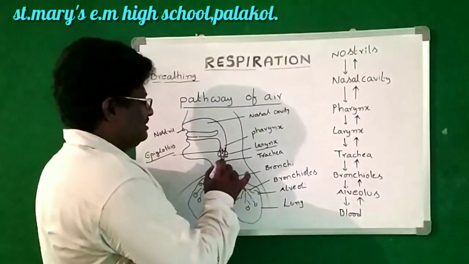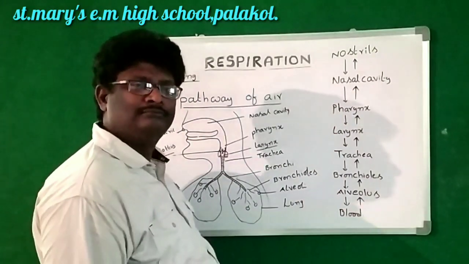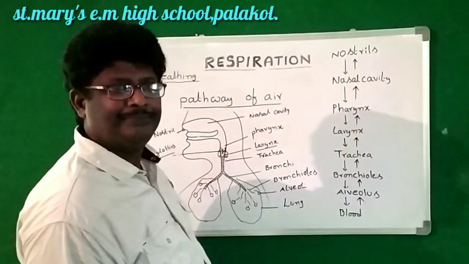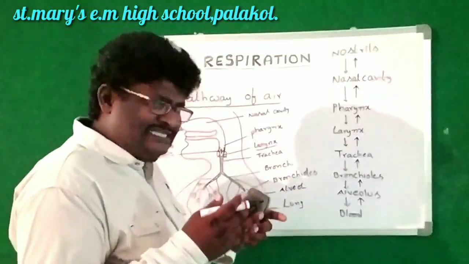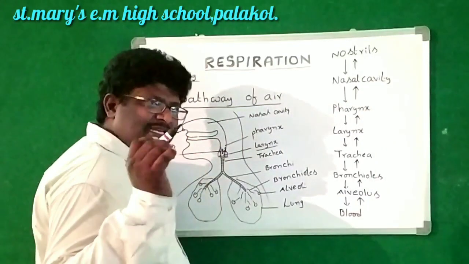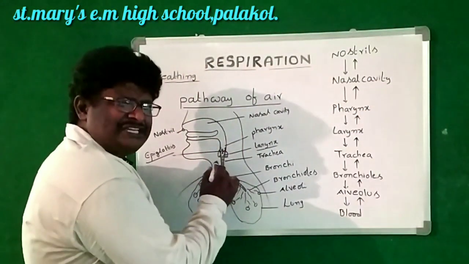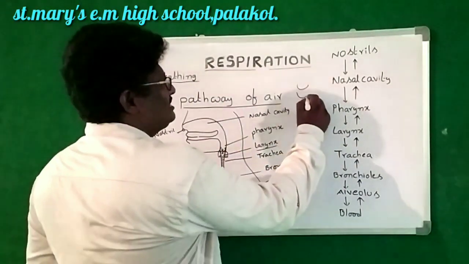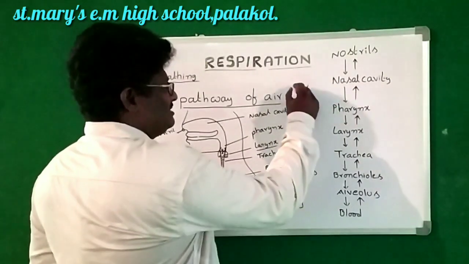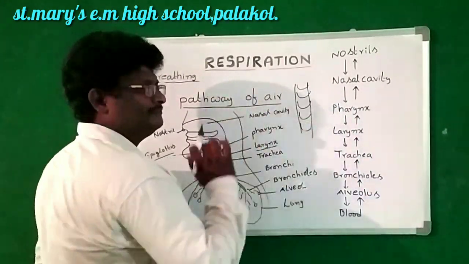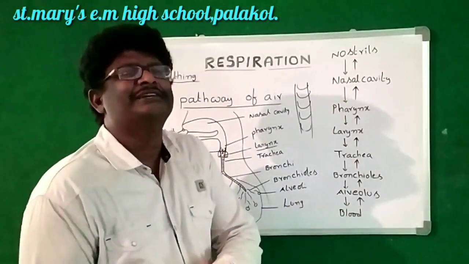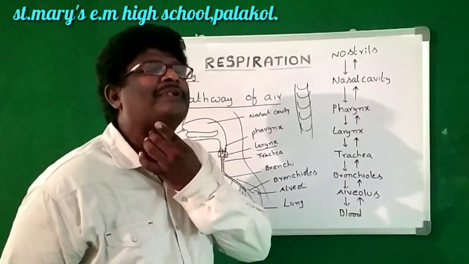Okay, the next part is called the windpipe. If you observe this windpipe, there are some C-shaped rings. If you touch here, there are some C-shaped rings.